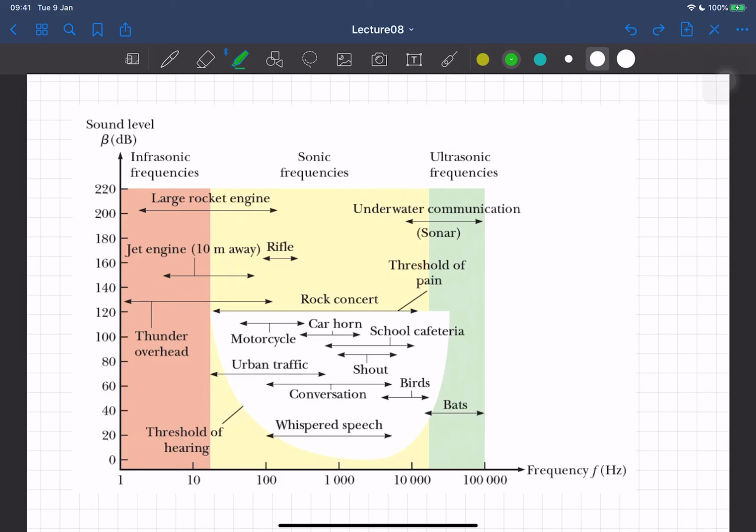So that's why we plot it like this. But for our purpose, the vertical axis is what is important here, right?